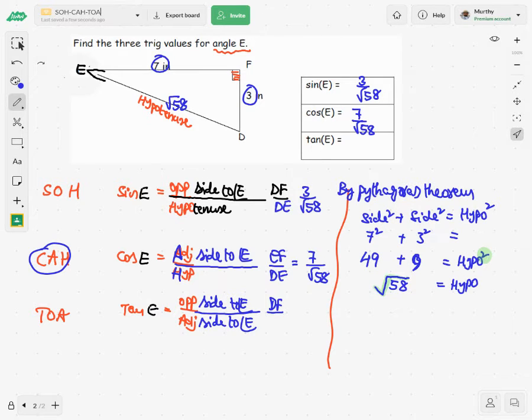Then it eliminates a lot of confusion. So DF over EF, and plug in the values. From the diagram, DF is 3 units and EF is 7 units. So it is 3 over 7. You are done. Okay.